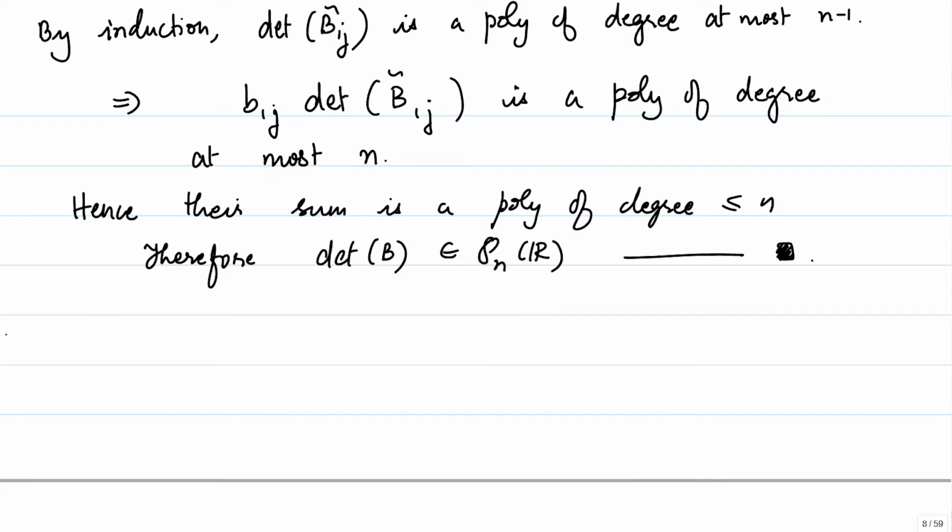As an immediate corollary: let A be an n cross n matrix with real entries.